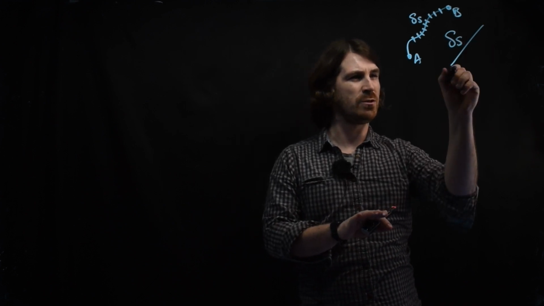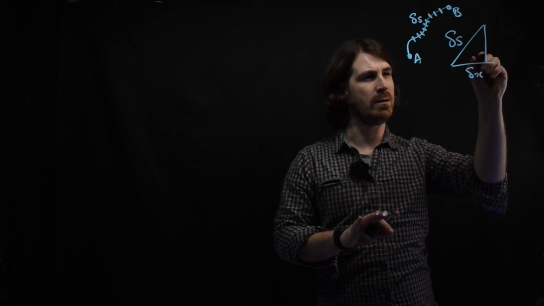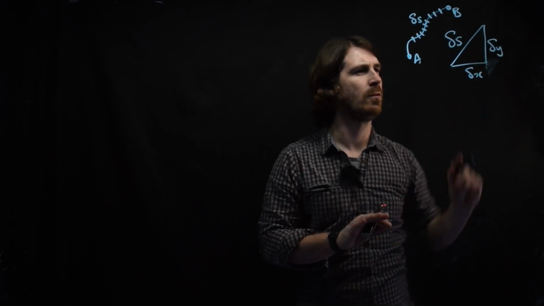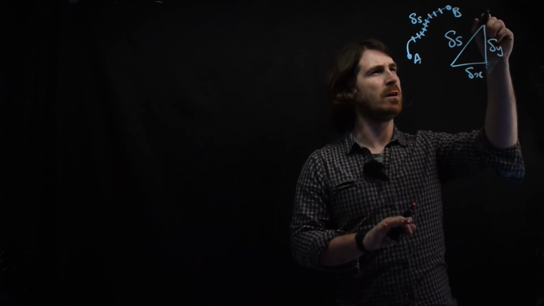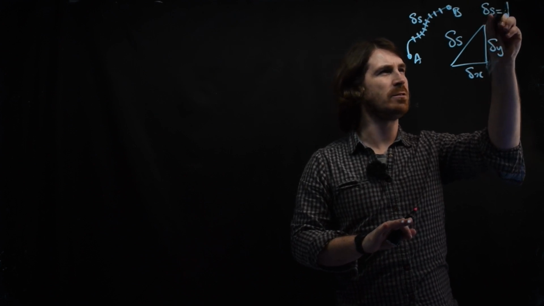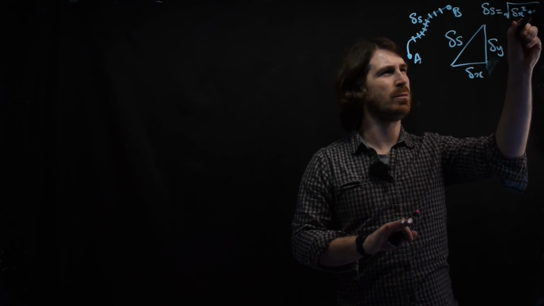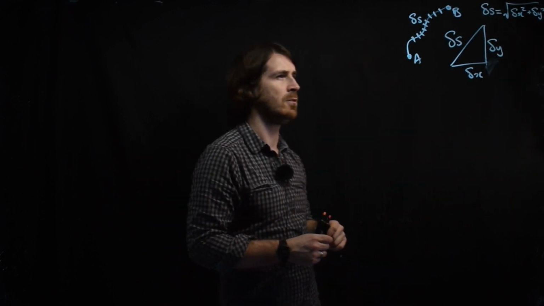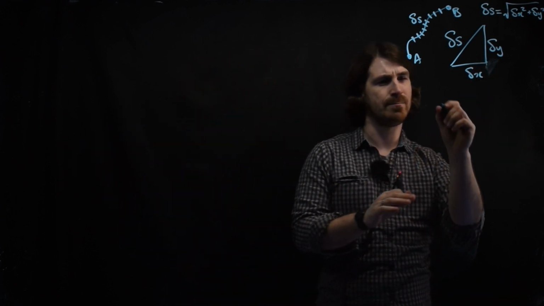You can get this by just going delta x across and delta y up. So the length of your segment, ds, is just given by Pythagoras as delta x squared plus delta y squared, all square rooted. Then you can ask what the total length of the curve is.